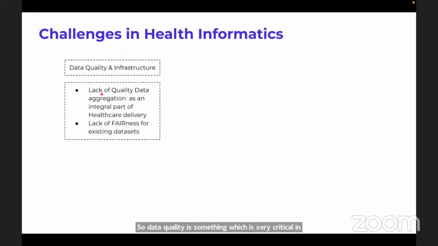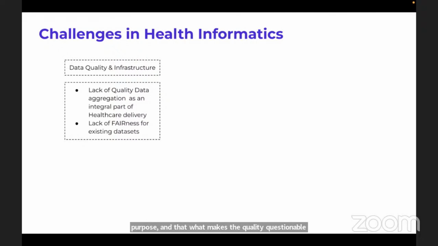So we lack quality data aggregation as an integral part of healthcare delivery. So suppose people capture healthcare data as a part of healthcare service. They are rendering some service, and in that course, they capture healthcare data. So healthcare data capture is more of a secondary purpose, and that makes the quality questionable and doubtful in some cases.